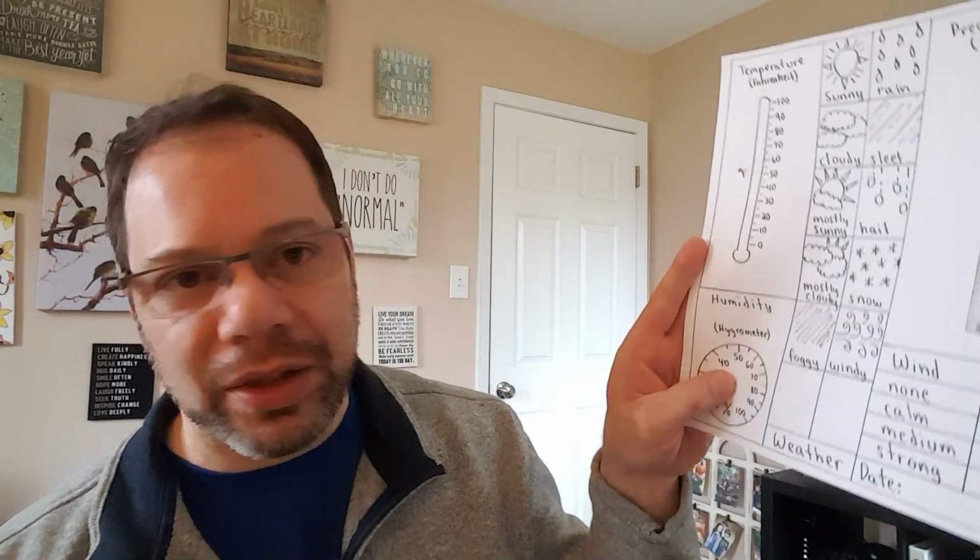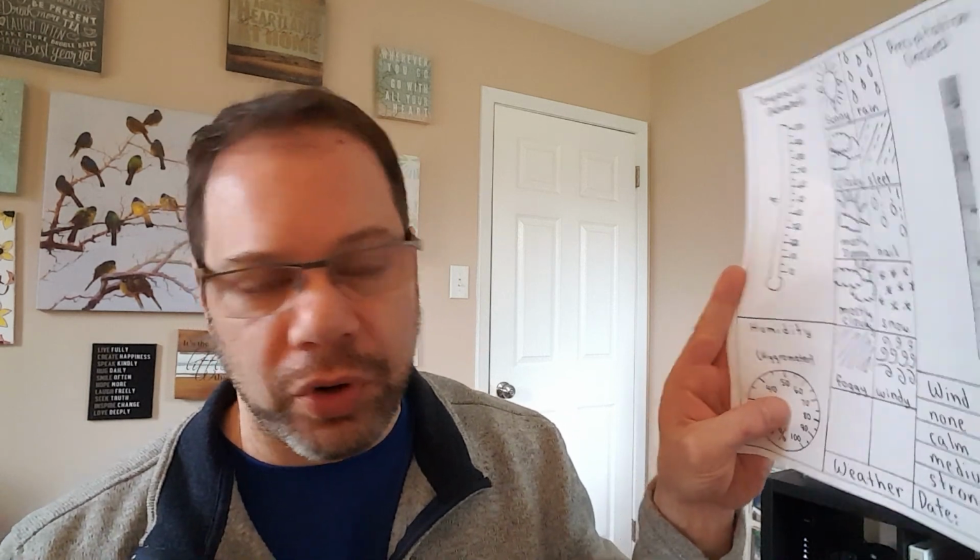And then you have your notebook, and then once a day at around 2:30 in the afternoon or 2 or somewhere around there, you're going to go ahead and record the weather. And this sheet I will send to you. And if you have one of these plastic sleeves, just write on it with a dry erase marker if you have one of those. If you don't, just print out one of these sheets and write very lightly on it with pencil daily. Erase it before you do the next day.